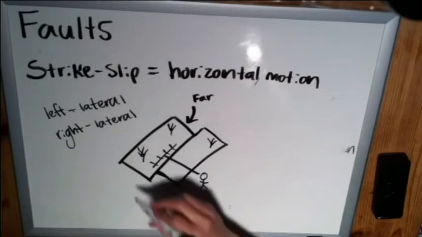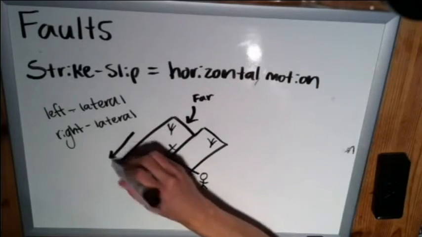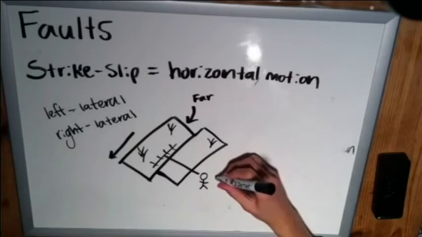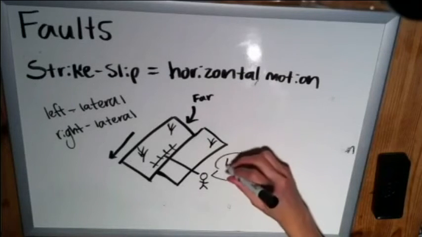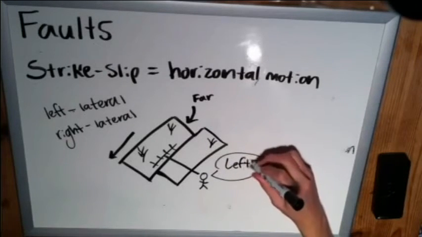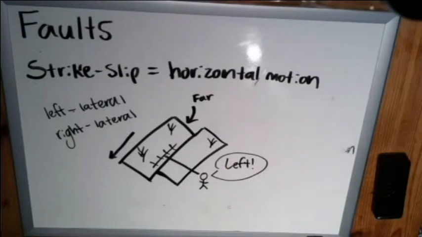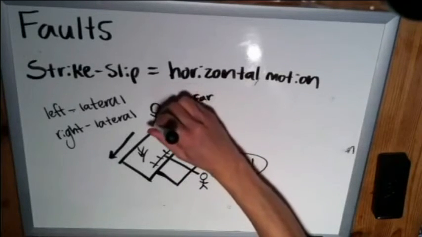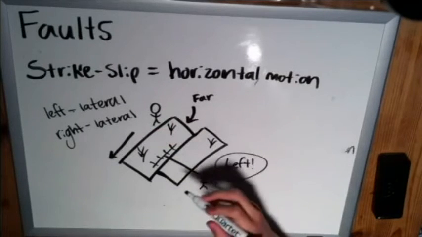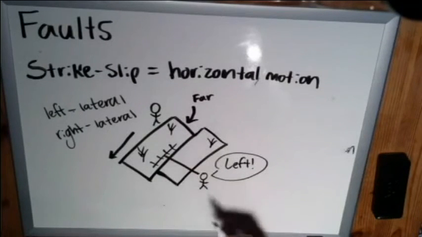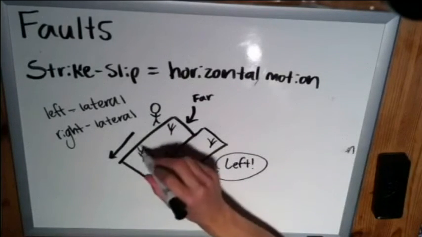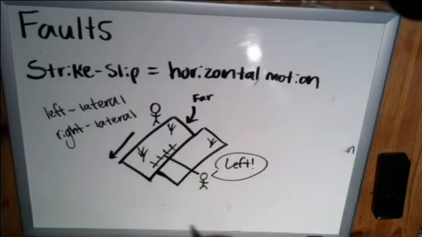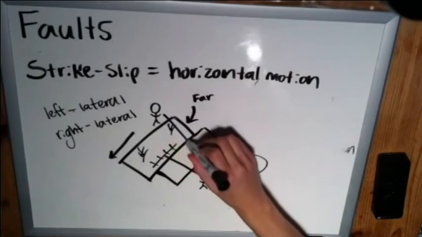Well, it's been shifted this way to the left. So you would say, naturally, that's a left lateral fault. And it holds true for someone on this side, because we have a way of doing this where if there's another person over here, they're not looking at this one, because although to them this would be their right, you always look at the one farthest from you.